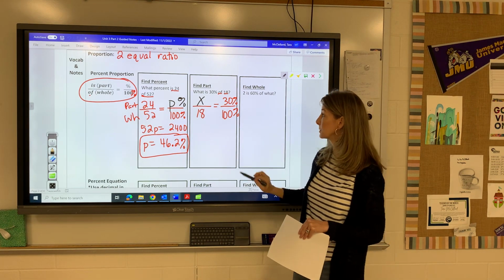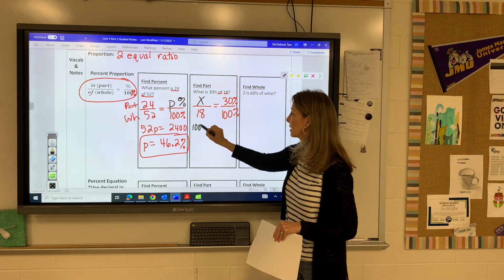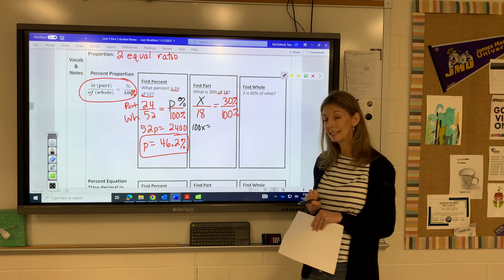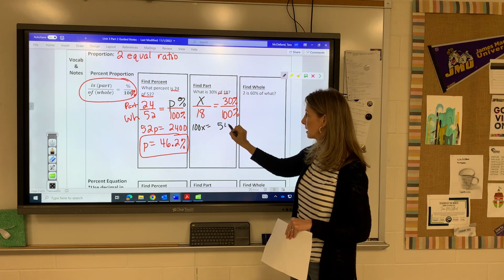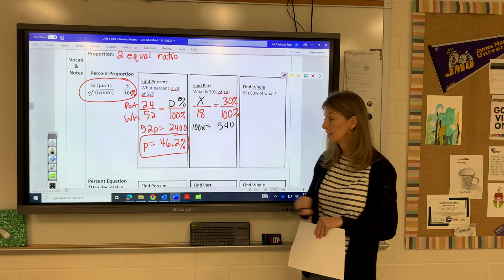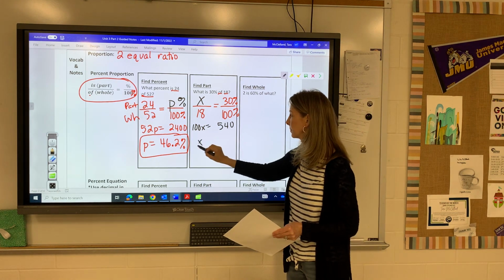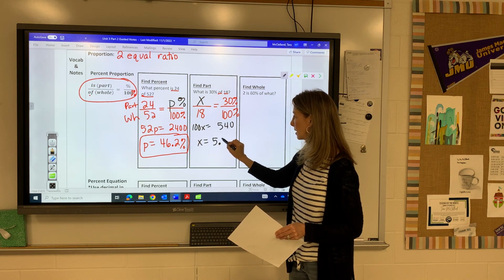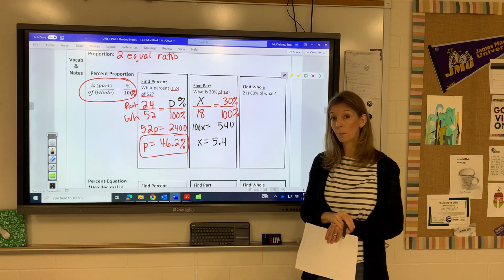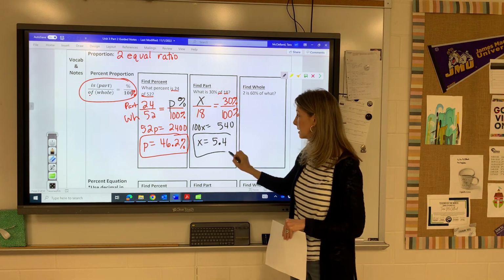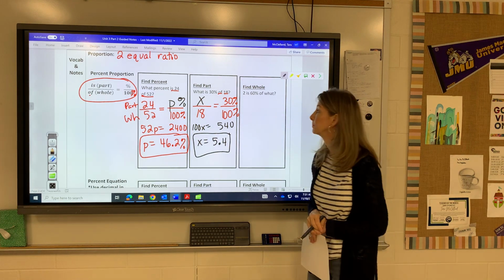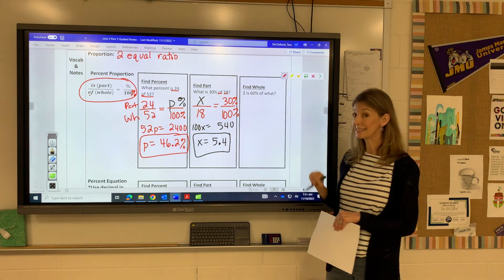Again, we will cross multiply. 100x equals 18 times 30 is 540. Divide both sides by 100. And we end up with our part being 5.4.